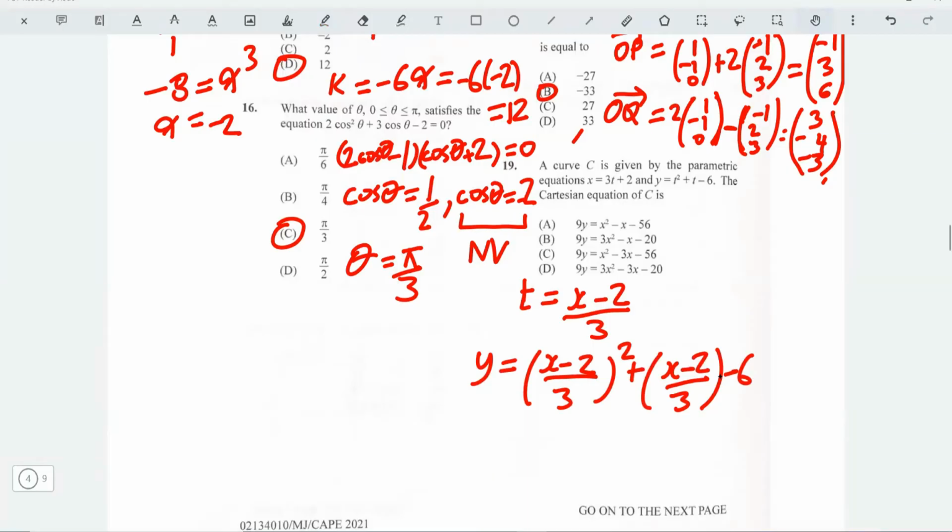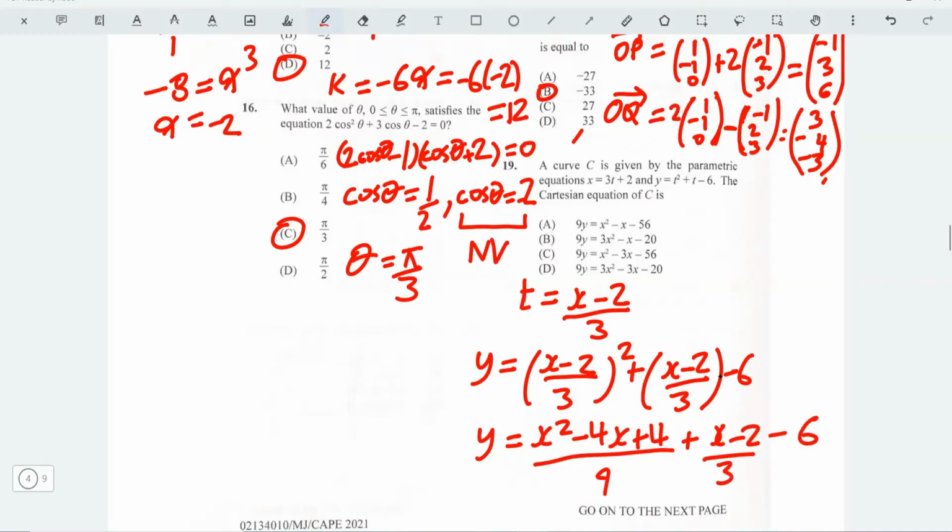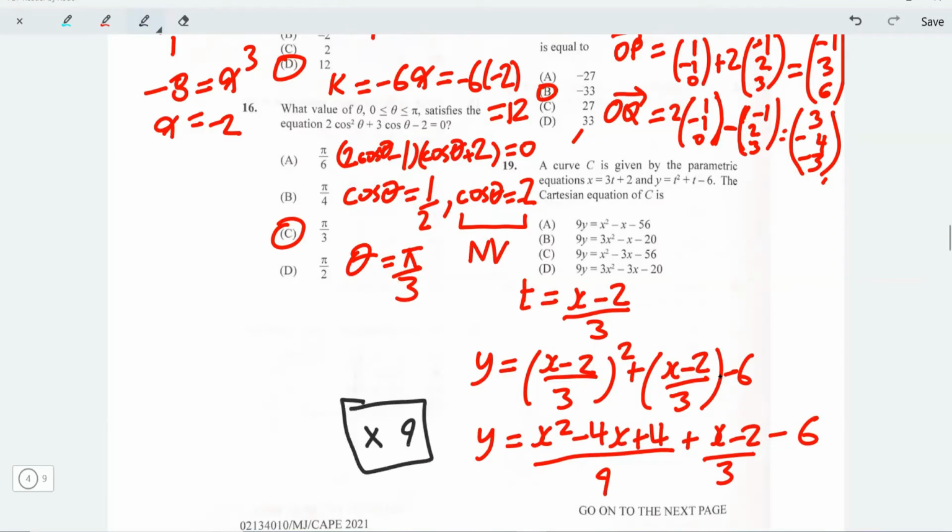Simplifying for y, we get y is equal to x squared minus twice the product of the 2, plus 4, over 3 squared is 9, plus x minus 2 over 3, minus 6. We can then multiply this equation through by 9. Multiplying through by 9, we get 9y is equal to, the 9 over 9 cancel, so we're left with x squared minus 4x plus 4.